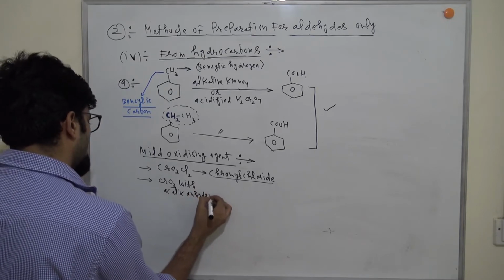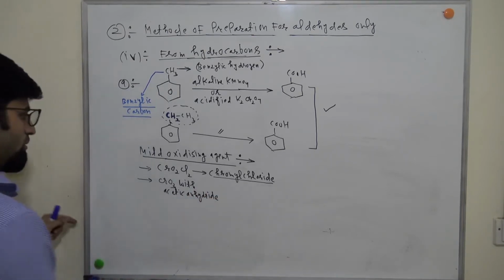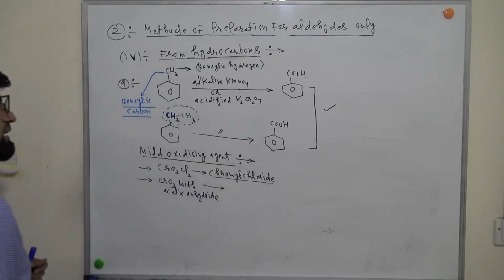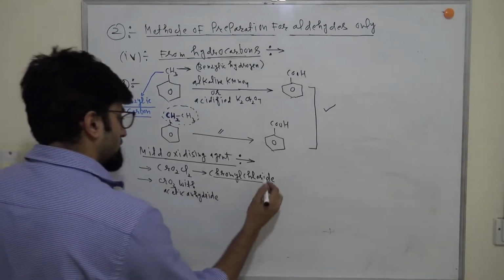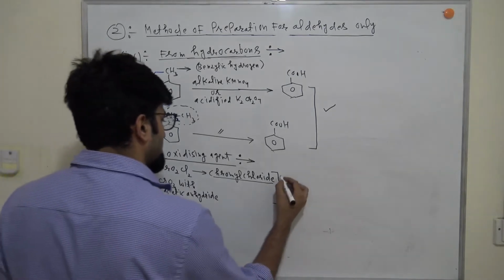Chromium trioxide with acetic anhydride. Okay, so they all are mild oxidizing agents.